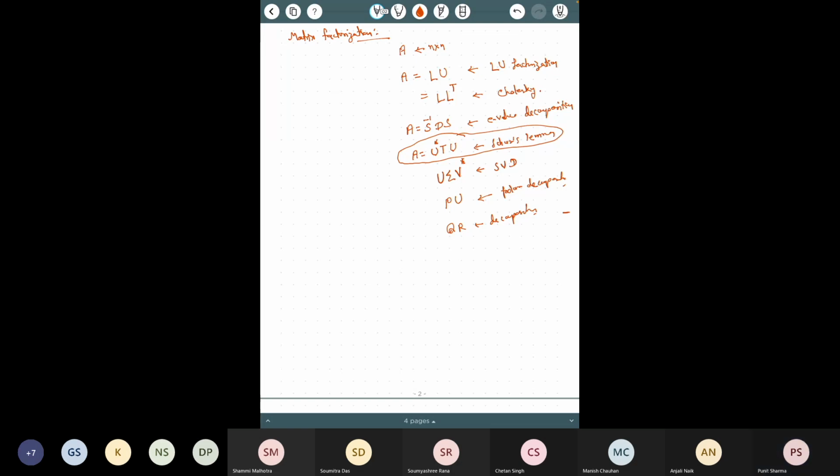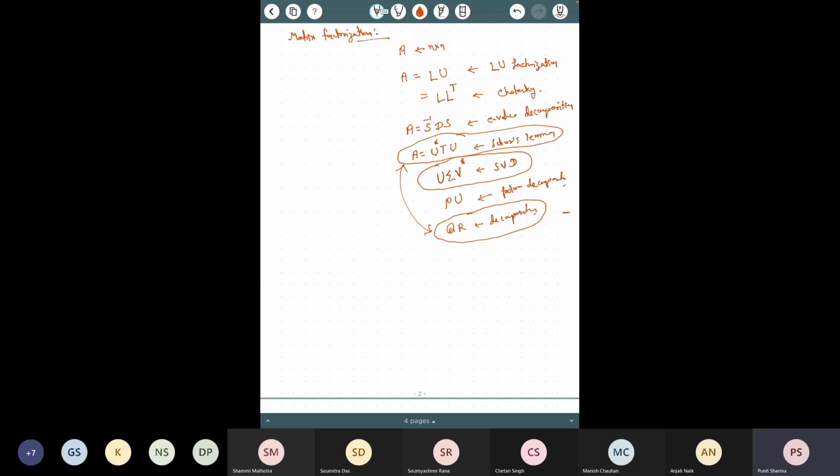SVD is another one, also one of the most important and useful factorizations. Then the polar decomposition follows from SVD. The QR decomposition is also very important in applications. In fact, these two results are useful in finding eigenvalues of a matrix from a practical point of view. We'll discuss briefly. I'm just recalling what you have learned so far.